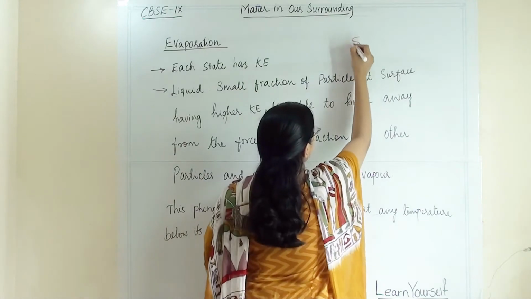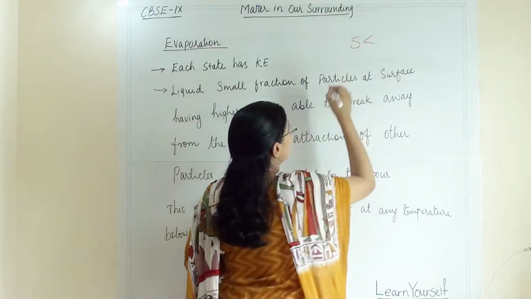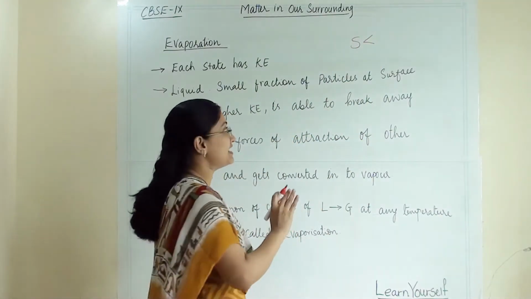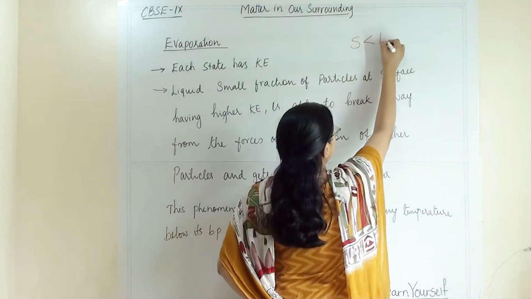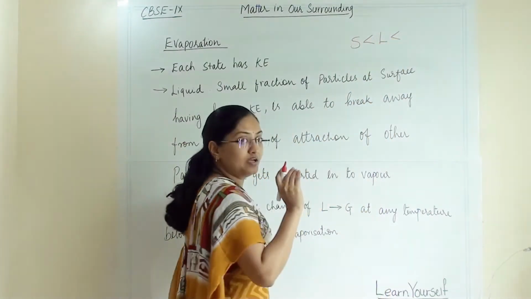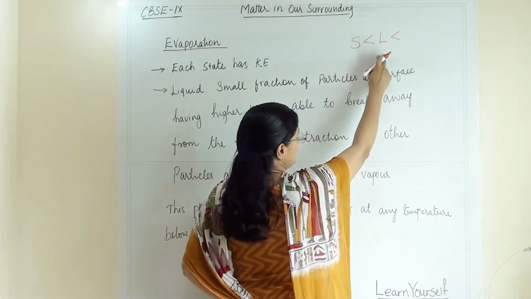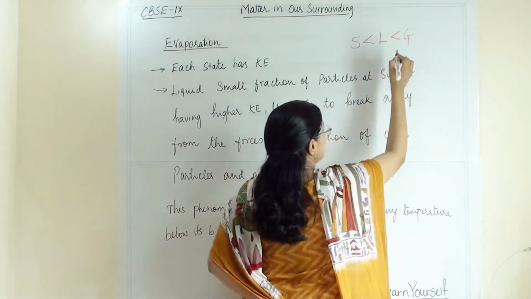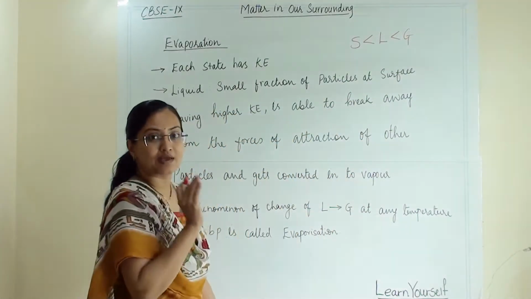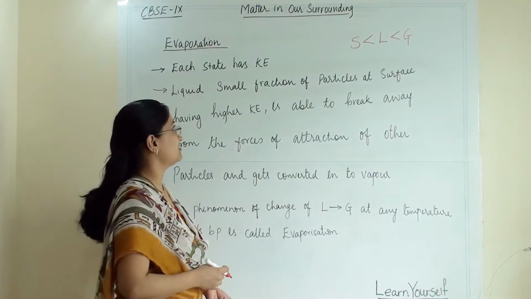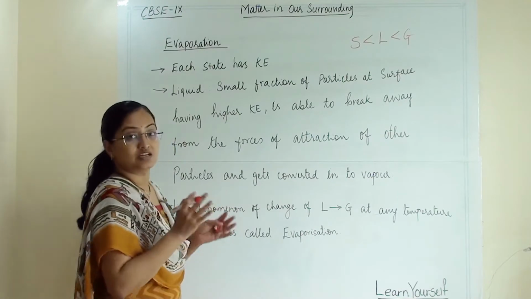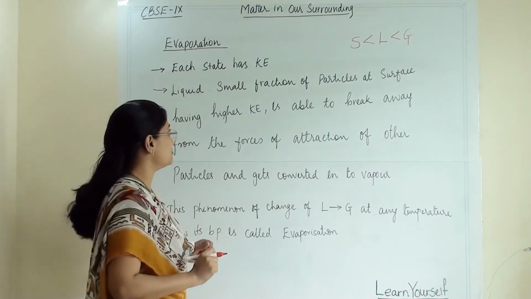Solids have the least kinetic energy, liquids have kinetic energy that is less than gas but more than solid, whereas gaseous particles have the maximum amount of kinetic energy. So each state has a kinetic energy.